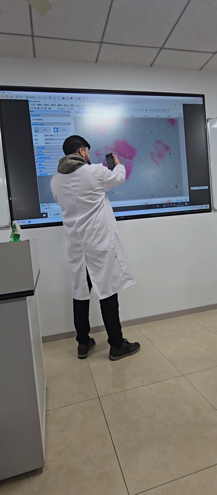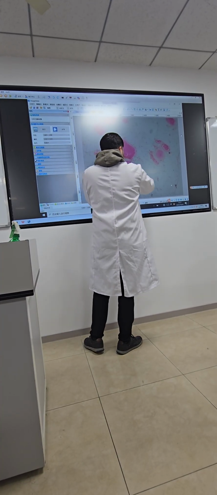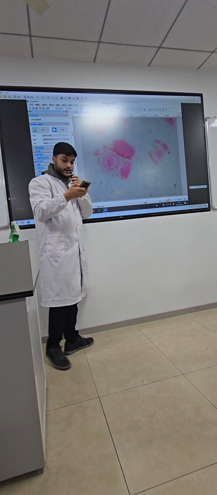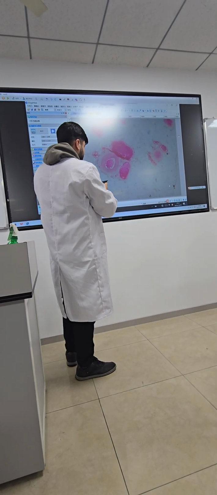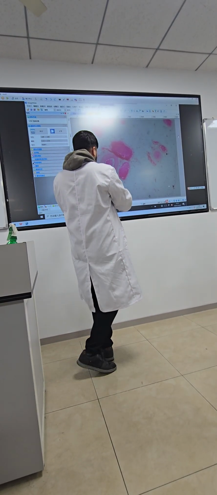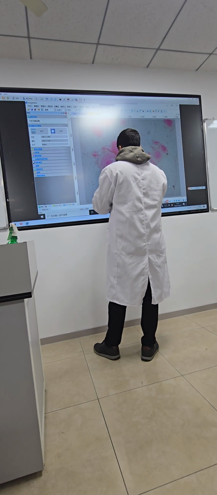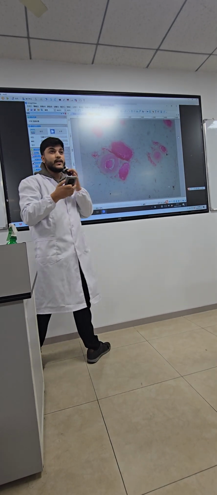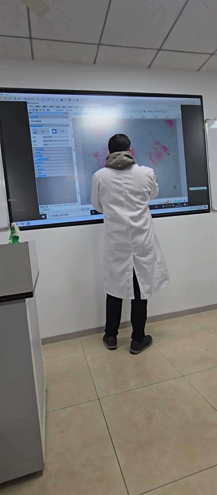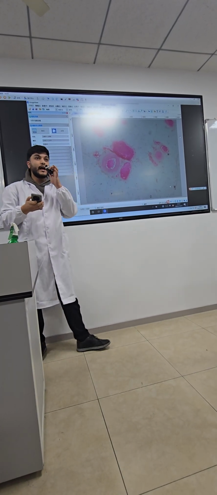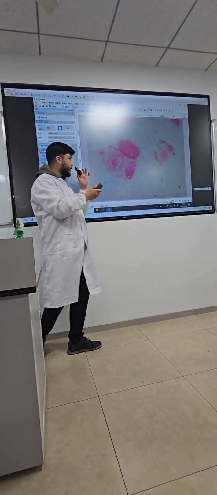The small artery is thick, but here it is thinner. The tunica media, the muscle layer, is thin, usually made of only a few layers of smooth muscle cells.